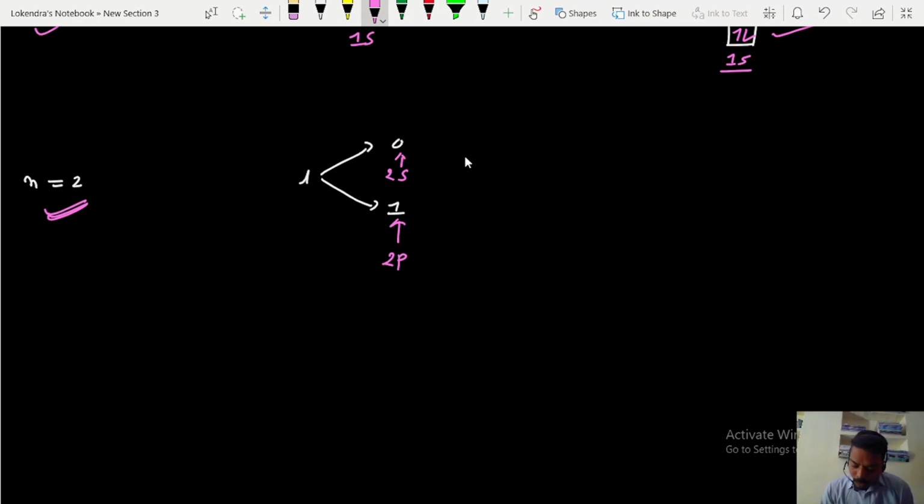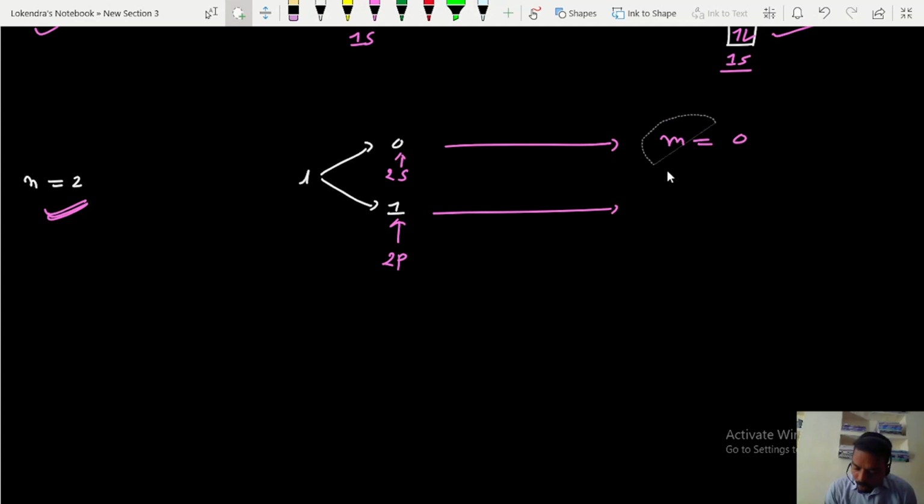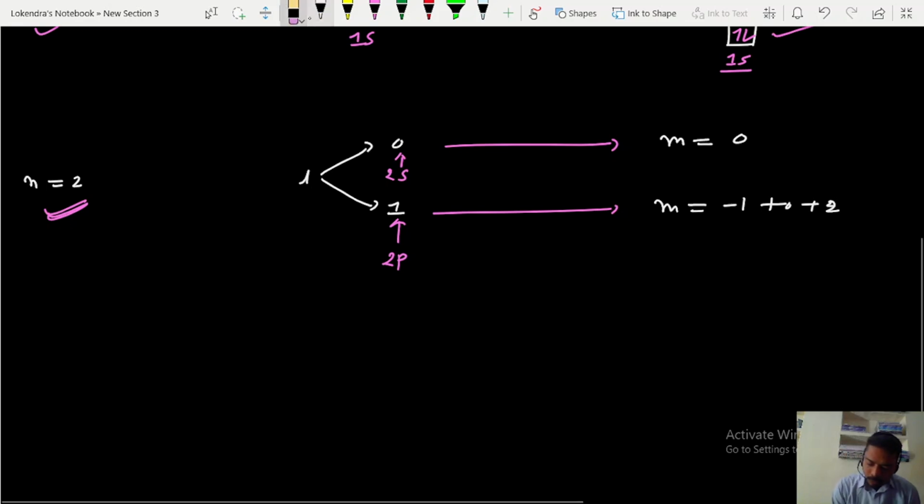So for this 0 and for this 1 we have magnetic quantum numbers. For l = 0 we have m = 0, and for l = 1 we have -1 to +1.